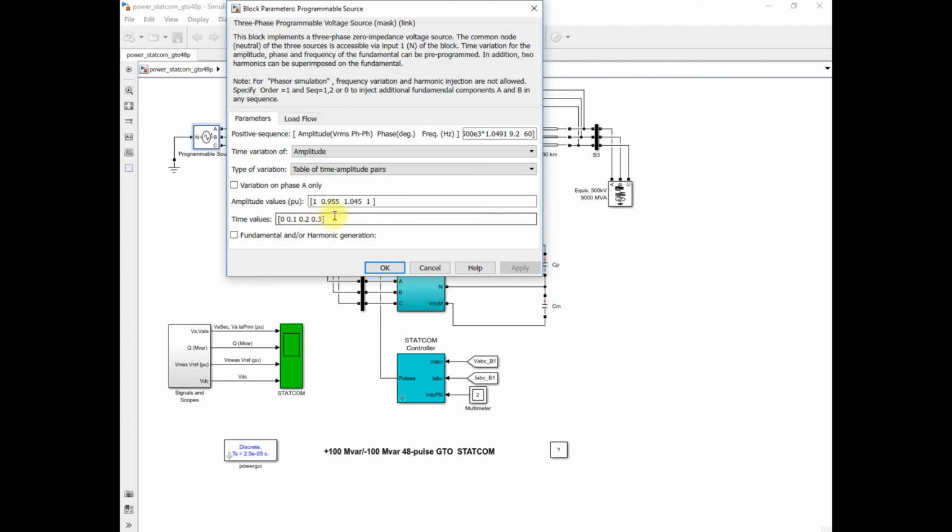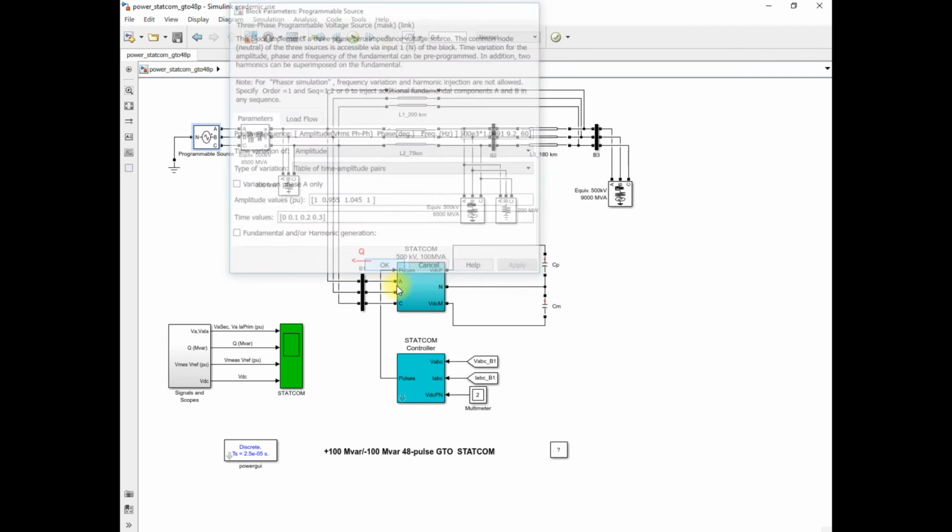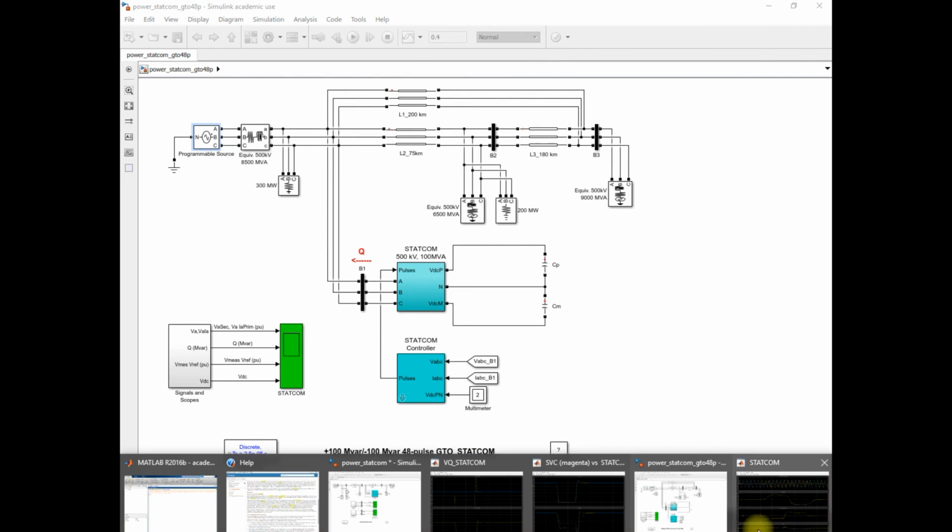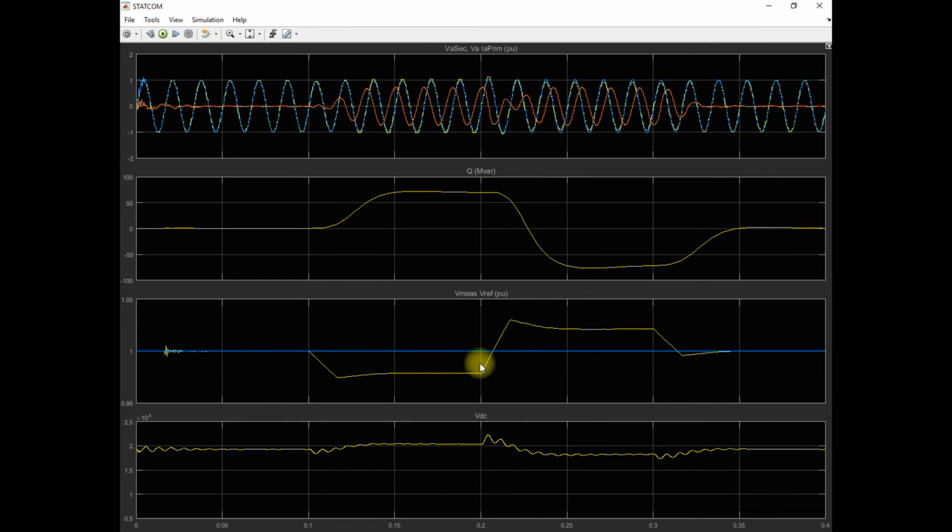In the same way you can see that here at 0.2 second the voltage is increased to the level 1.05 per unit. So you can see also in the simulation here at 0.2 second the voltage increases drastically up to 1.03 per unit. So at the same time also the reactive power is now absorbed by the STATCOM, because now the voltage is increased above the rated value.